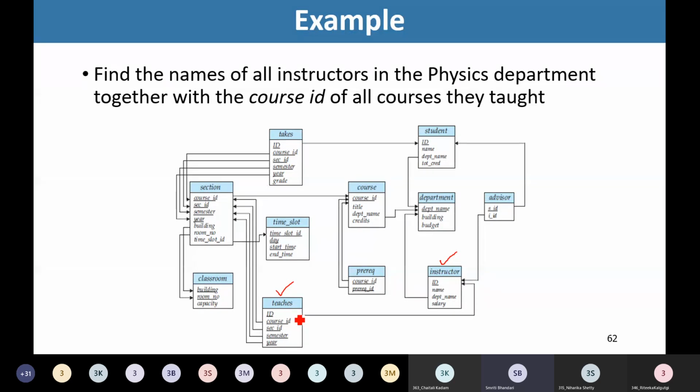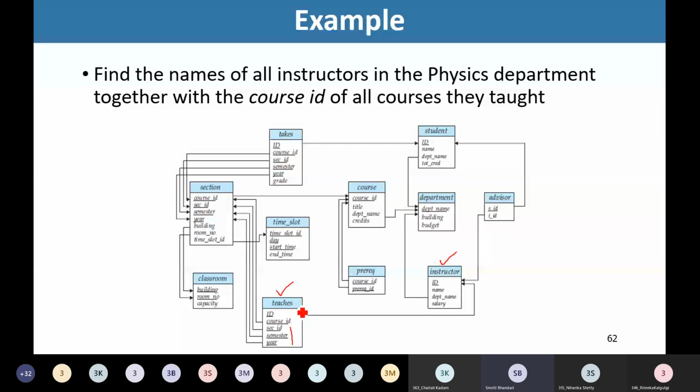We have stored the information about the instructor and the course that is taught by that instructor. We also have information like which section of the course is taught by that instructor, in which semester and in which year. But right now we are not bothered about these three attributes. We are interested only in the course ID, and that is available in our teaches relation.